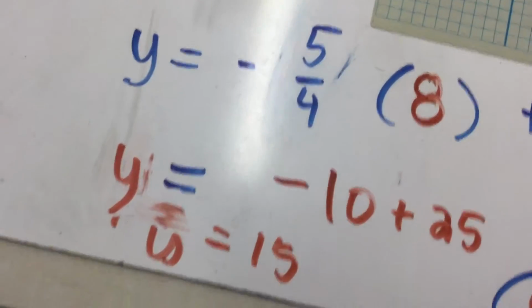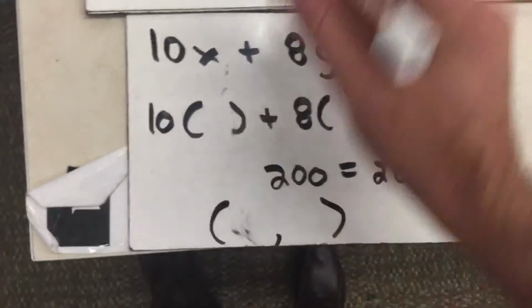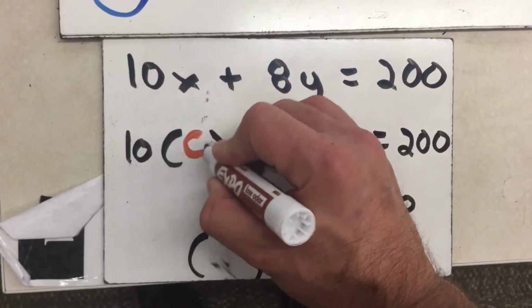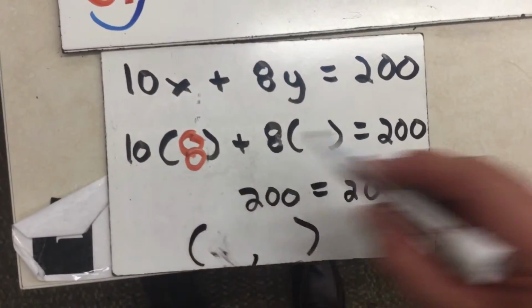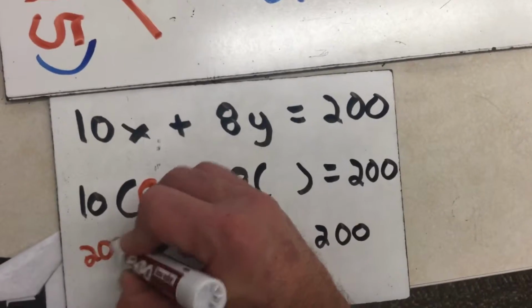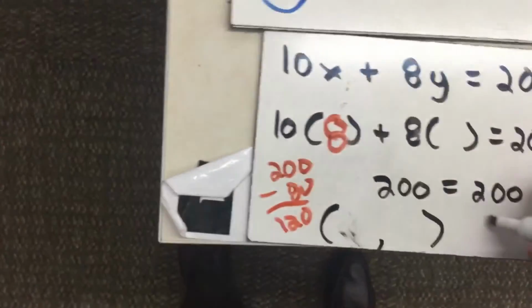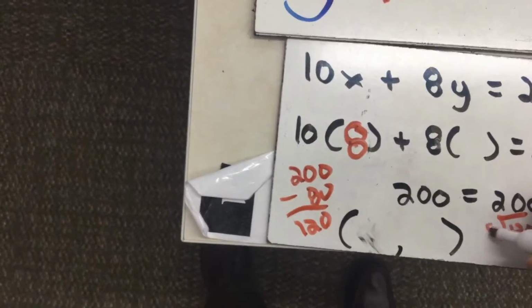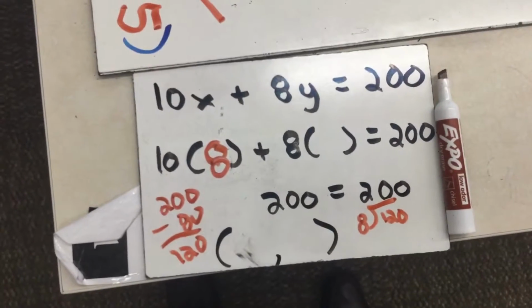The other thing you could do is use the original equation and play around with some math here. I would use the same example. 8 times 10 is 80. 200 minus 80 is 120. What's 120 divided by 8?